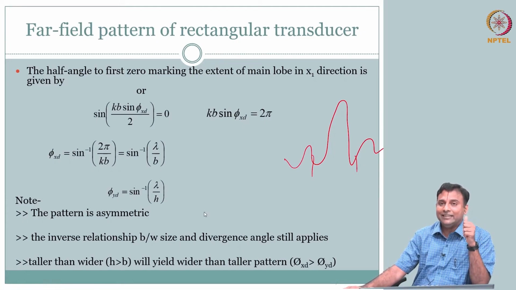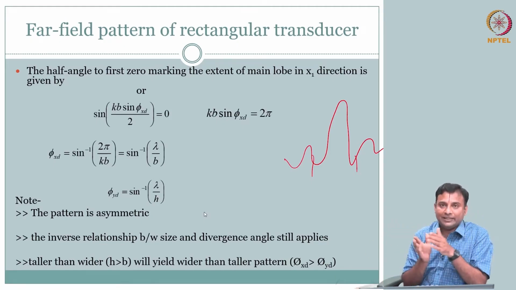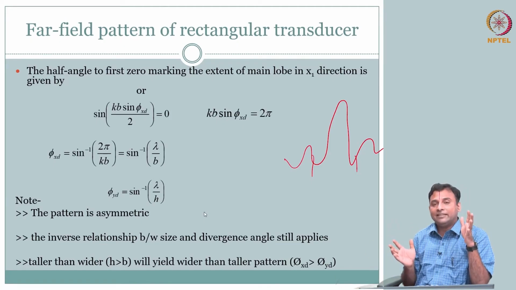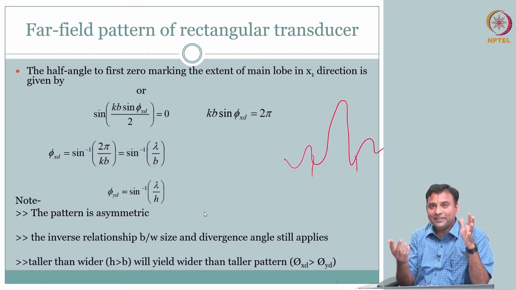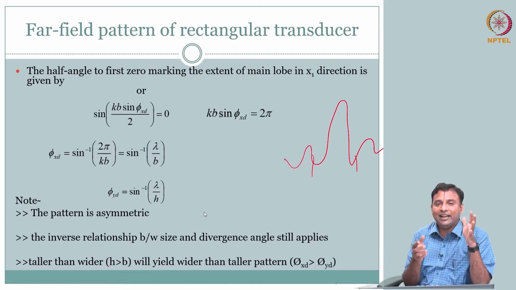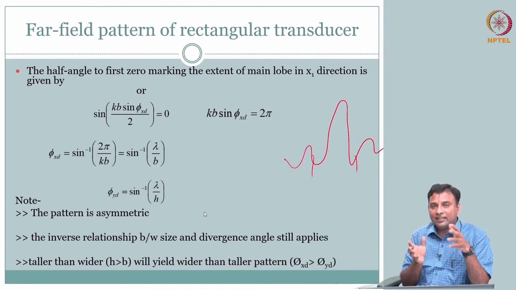The take home message is, if I want divergence to be less, I should have a large aperture. But is there a downside to it? Well, when we cover imaging, we will explicitly address that, but even before that, you should intuitively start to think: what is the disadvantage of having a large transducer?